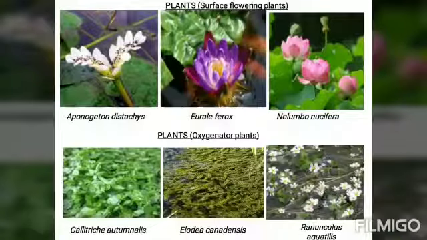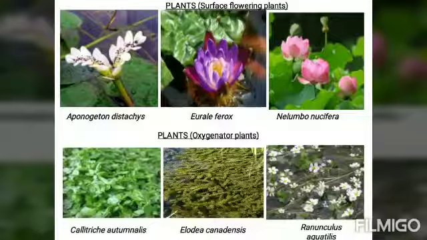These are their botanical names. Aponogeton is also called Cape pondweed, a type of pondweed. And Nelumbo nucifera is also called Indian lotus. So these are some examples of surface flowering plants.